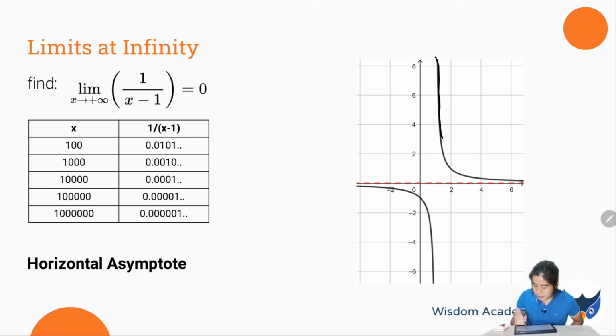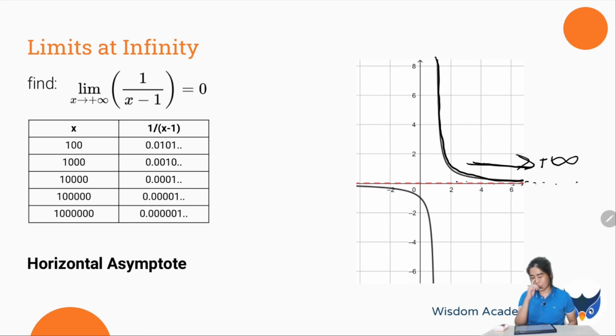Ayan. So, kung titignan din natin yung graph, ito siya. As x approaches positive infinity, ito yung titignan natin. Kung pataas ng pataas yung x, saan ba papunta yung value? So, makikita natin through this graph na yung value niya ay indeed na nag-a-approach to 0.